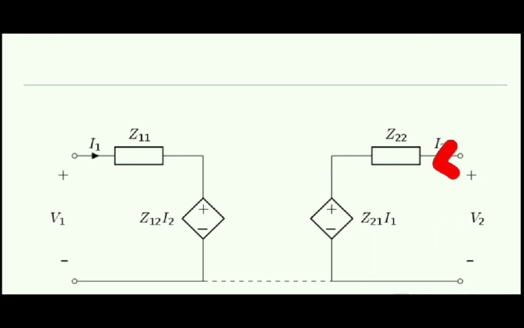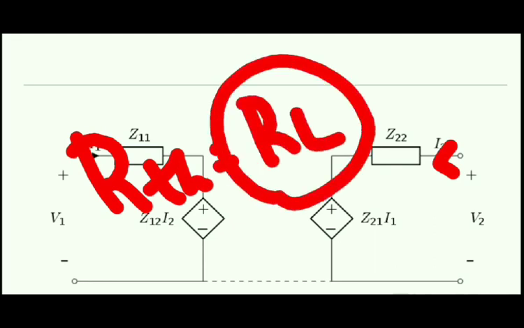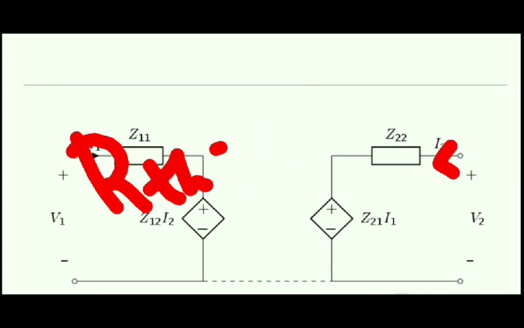Why are we doing this? Because I just told you earlier that when we are having a maximum power theorem and we are taking the derivative of power with respect to load resistance, we will get a condition that R Thevenin equals load resistance. So to find out the value of load resistance, we have to calculate the value of R Thevenin.